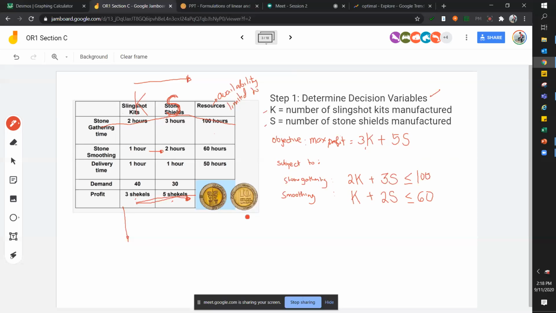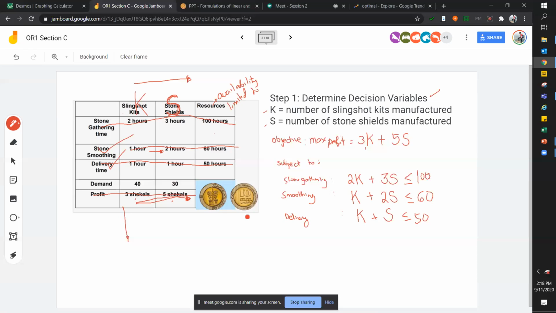Okay, good. Next, delivery. Nagets. Okay, next. So, okay na tayo dito. Okay na rin tayo dito. Nagamit na natin to. So, ine-equation ko na lang para next. Nagamit na rin natin tong profit.